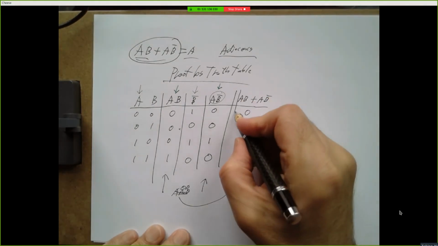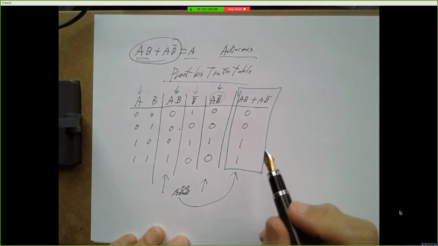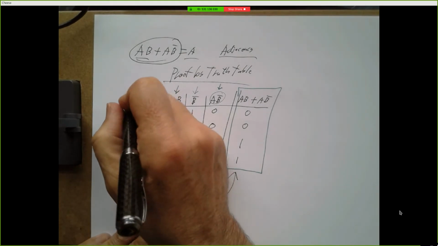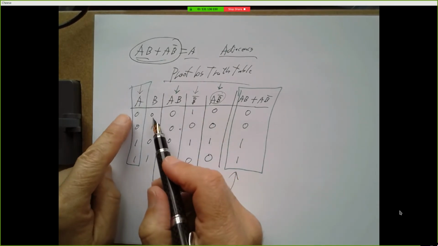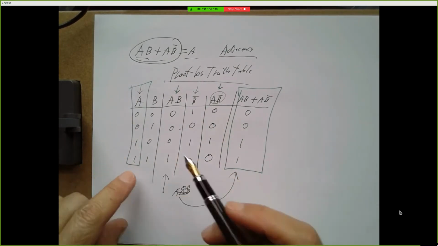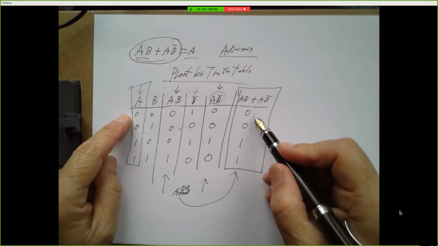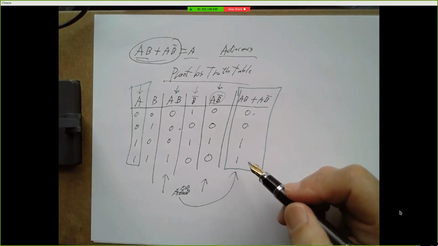Okay, now I have a column that hopefully without any mistakes shows me the value of AB or AB bar. And all I have to do is observe that in every possibility for whatever values A and B have, this expression has the same value as A, right? 0 and 0, 0 and 0, 1 and 1, 1 and 1.